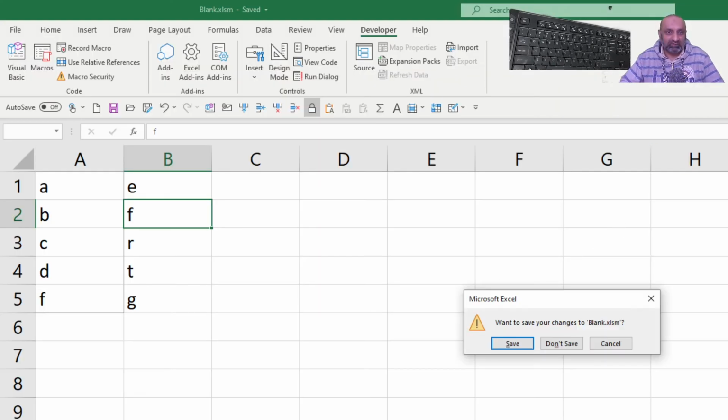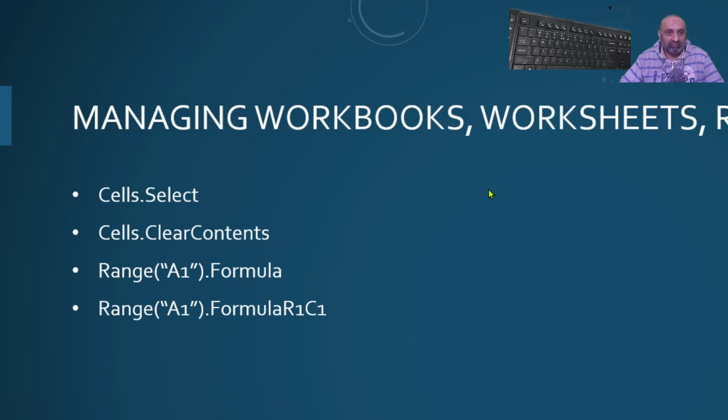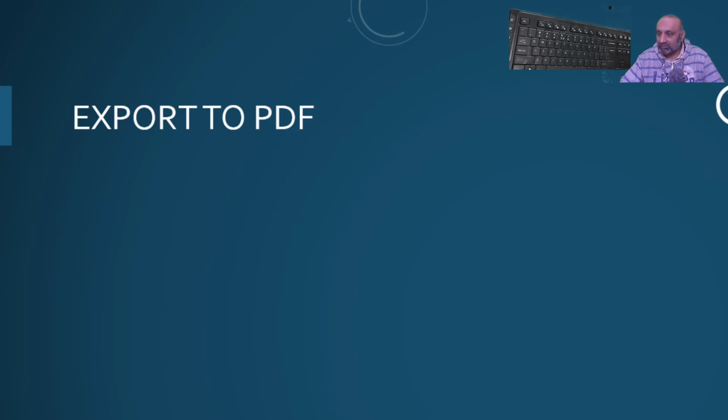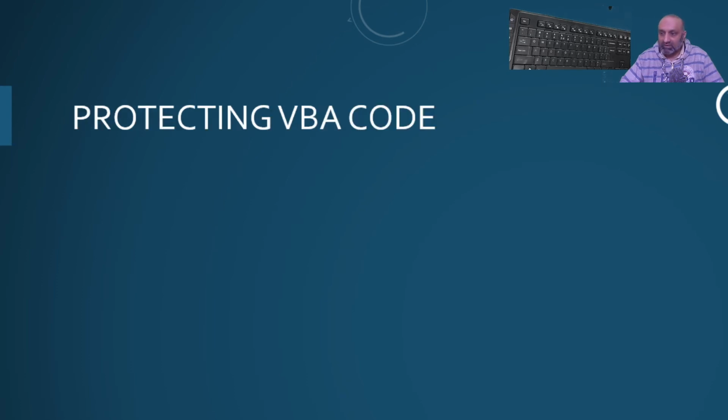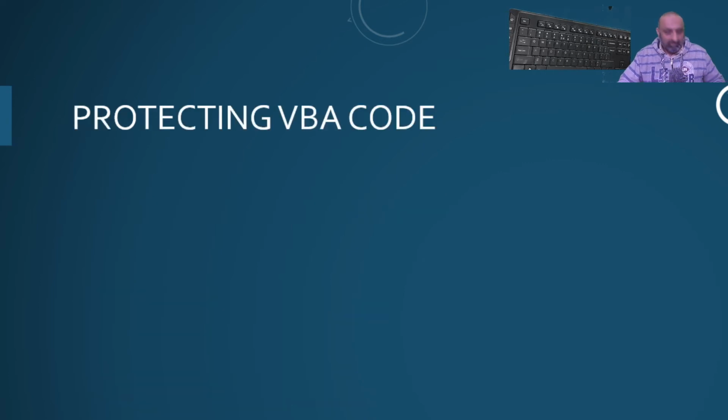What is the next step? We have talked about this, and let's talk about protecting the VBA code. So do we have Excel open? Yes, we have.